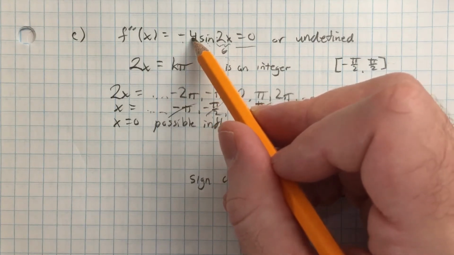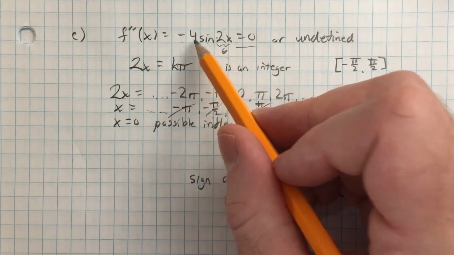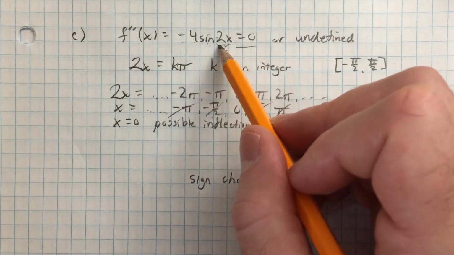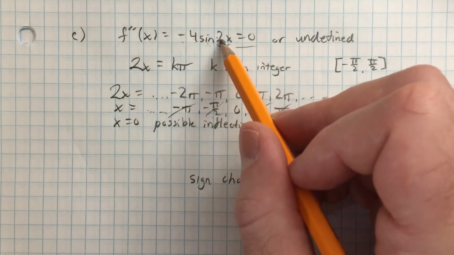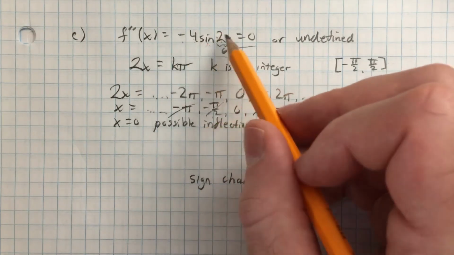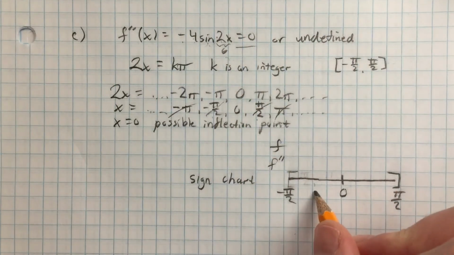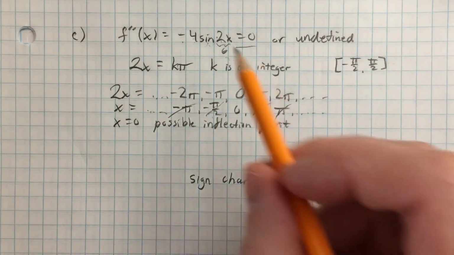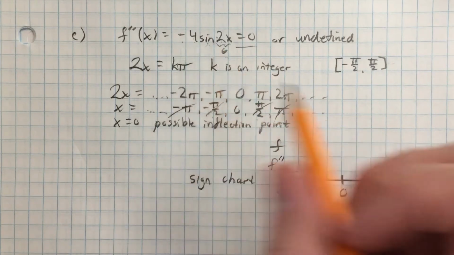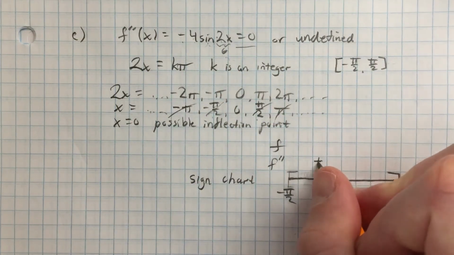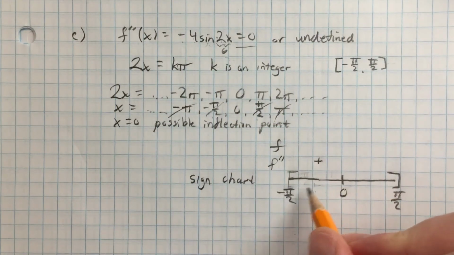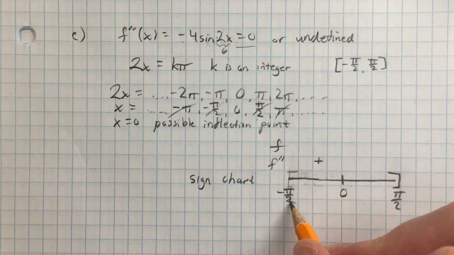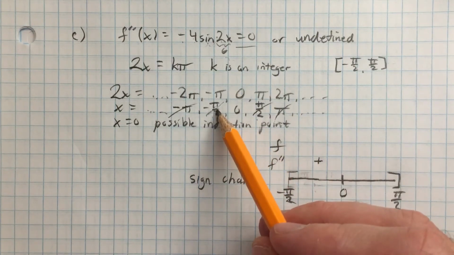Now we have 4 times sine of pi on 2. Sine of pi on 2 is 1, so this is just 4. So when we took a test case of negative pi on 4, we got positive 4 for the second derivative. So the second derivative is positive on this entire interval, barring the negative pi on 2 value, because we saw that makes it 0.